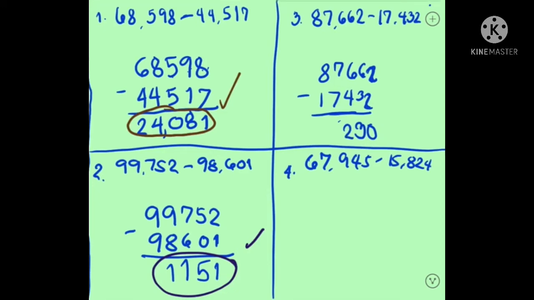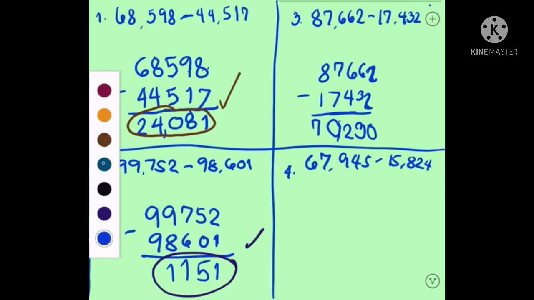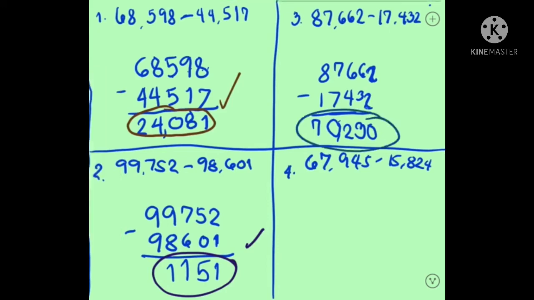The same, the answer is 0. 8 minus 1 is 7. So we have here, can you read the number for me, please? Good job. We have 70,230. That will be our final answer.